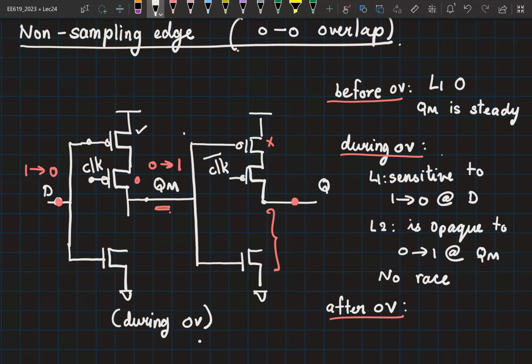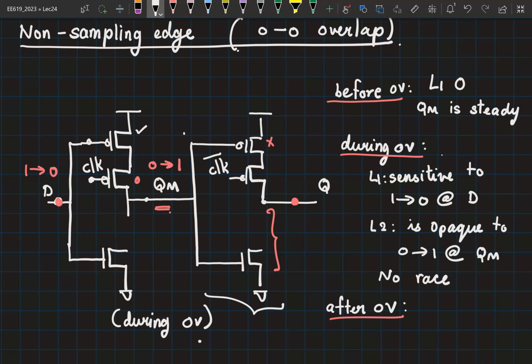After the overlap, is L2 transparent? So we are looking at the non-sampling edge, 0, 0 overlap. After the overlap, L2 is turning opaque, right? Which means the second stage is now completely shut off.